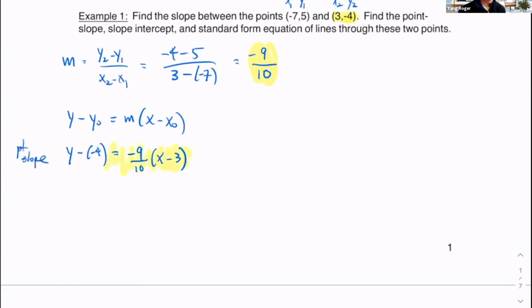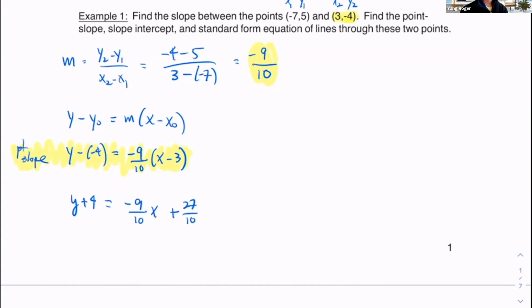Okay. We can manipulate this to get the slope intercept form by doing some algebra. So let's simplify this a little bit. Let's go y plus 4 is equal to -9/10 x plus 27/10. We got to distribute, right?